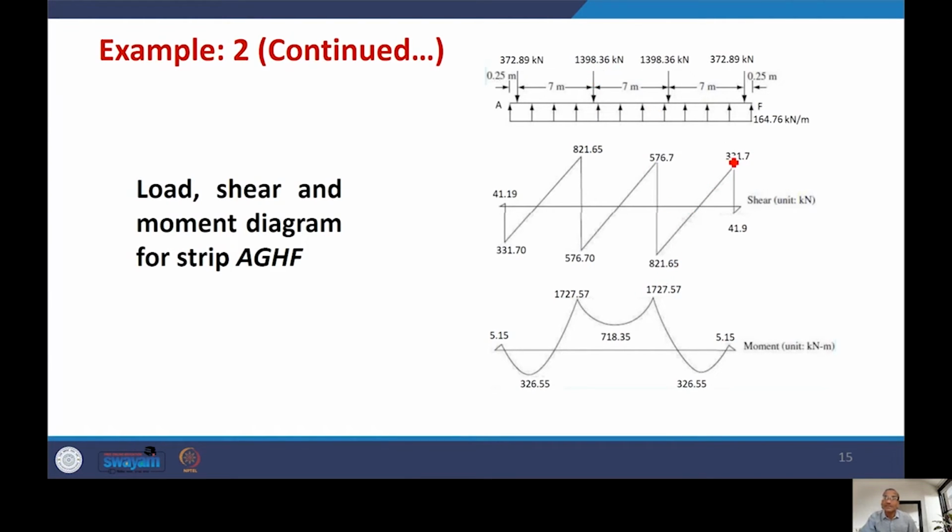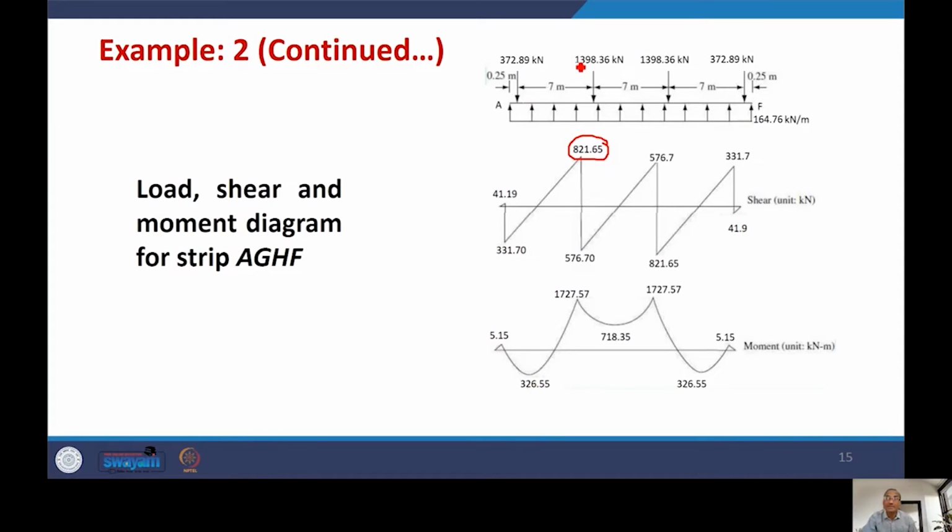The same thing is here. So this is the shear force diagram. Maximum shear force is coming here; in this case, 821.65 is the maximum shear force. The maximum bending moment can also be derived. You will have a parabolic curve here, and the maximum is here.